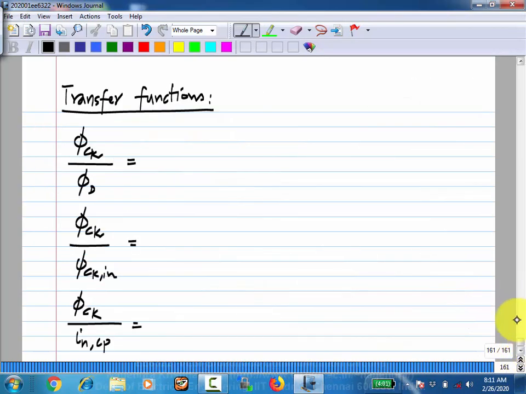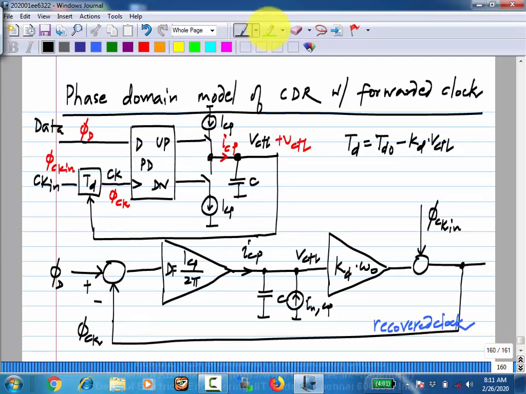So what are the answers? What is phi ck by phi d? You know the standard forms for negative feedback systems, right? In this case, the forward path has some gain, which is normally denoted by G in the control systems parlance.